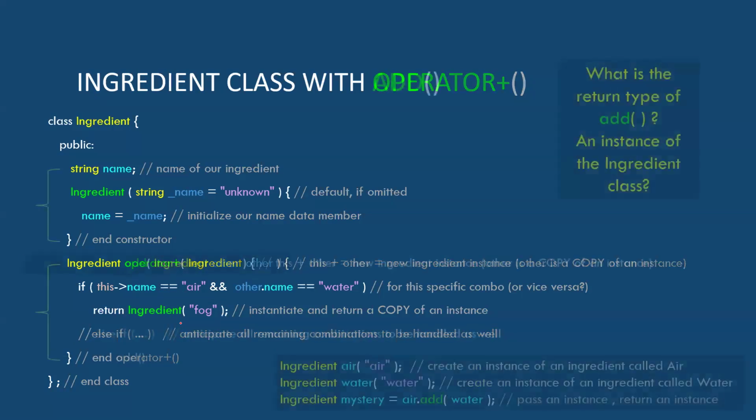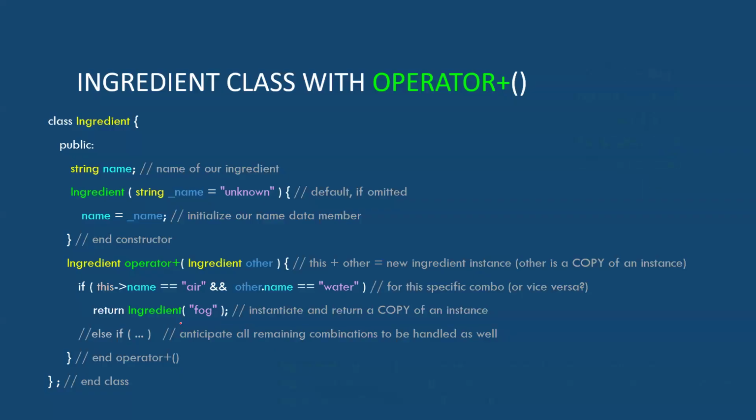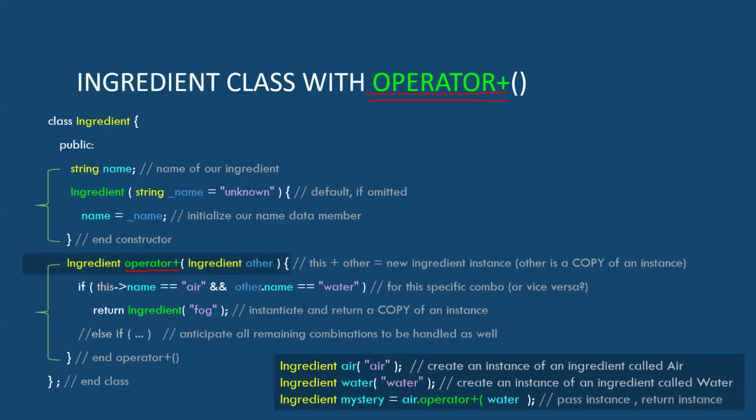Now, I changed something here. The only difference we have to make in order to support that plus is this very simple change: we changed add to this reserved name called operator plus. And now we get to actually add those things together in a mathematical way in main, okay? But just to show you that it actually is just another operator, we could say air dot operator plus water.